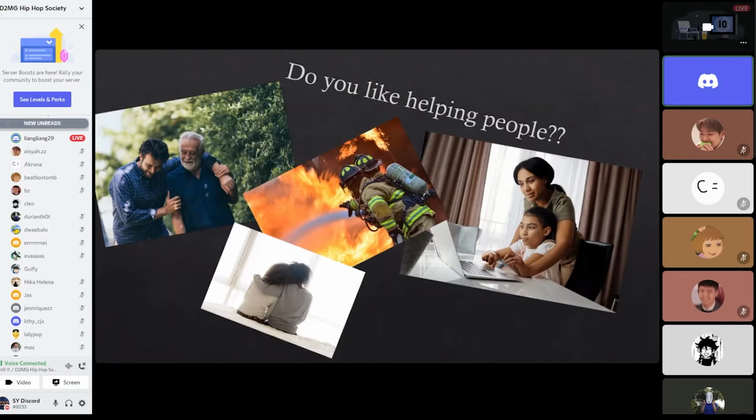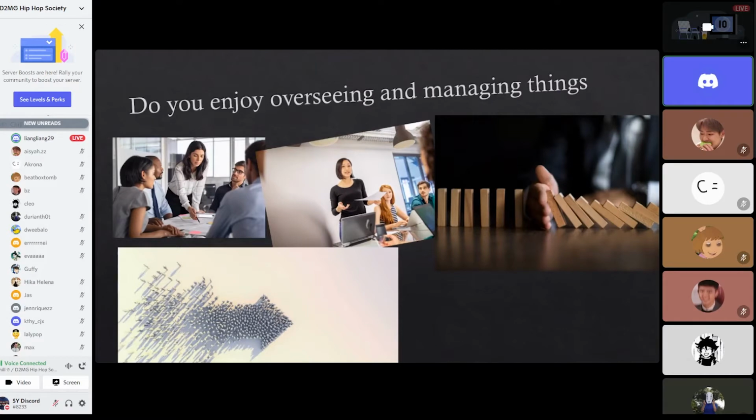Do you like helping people in their portfolios, whatever portfolio it may be? Or do you enjoy overseeing and managing things, looking down from on top and seeing how the whole society works and how everything goes, and also being involved in all the planning? Well, that is mostly what the vice president does.